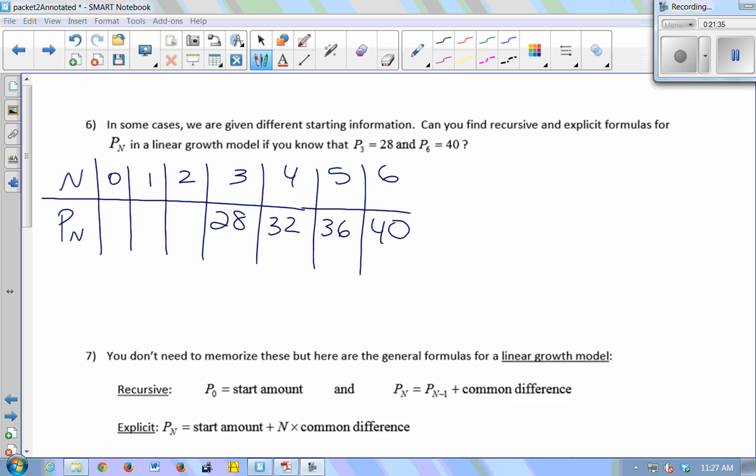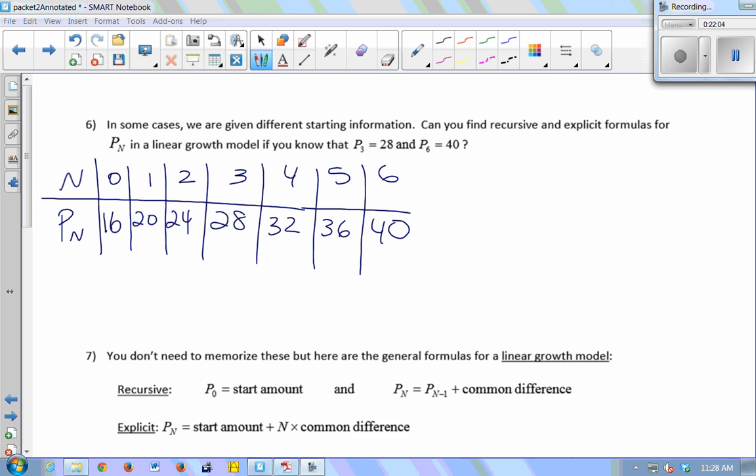All right, so if my rule is add 4 each year, what has to be in year 2 so that when I add 4, I get 28? 24. Yeah, and so I subtract 4 to go backwards, add 4 to go forwards. So 24 minus 4 is 20, minus 4 is 16. So I get the whole table filled in now. And my common difference, what is my common difference? 4.